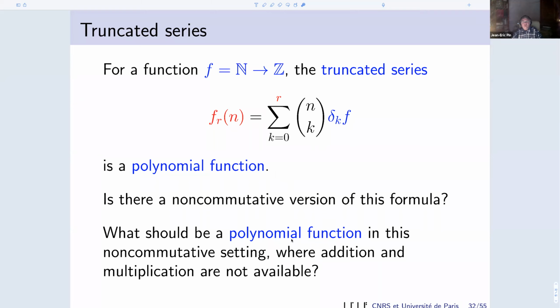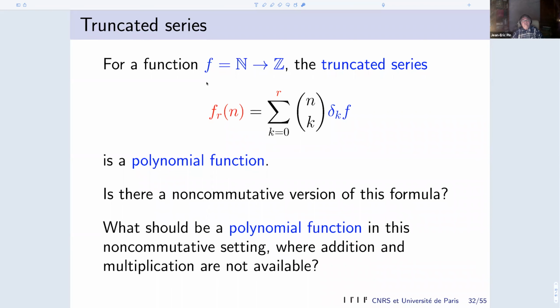And one of the problems is, what should be a polynomial function? So, you know, here we have a ring, and we use both the addition and multiplication to define a polynomial function. So now we are going from A star to the free group, say, or even to a group, where we just have one operation. So in a non-commutative setting, what should be a polynomial function?